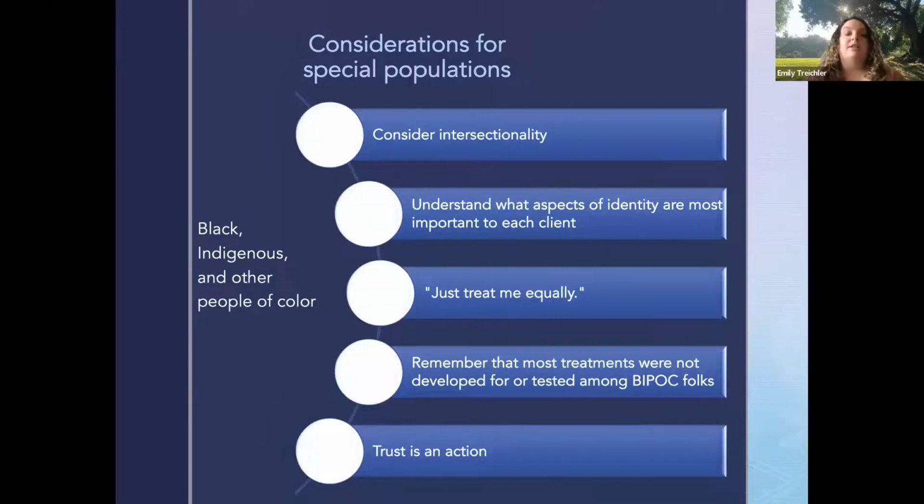They were developed for, tested among, tested by white people, and in fact, a pretty select group of white people in most cases. And so some of those therapies that we may go to may not really be appropriate for that client, depending on their needs, depending on their values.